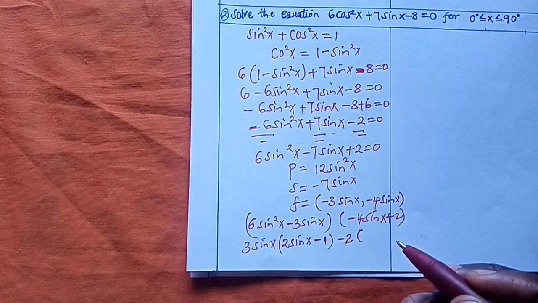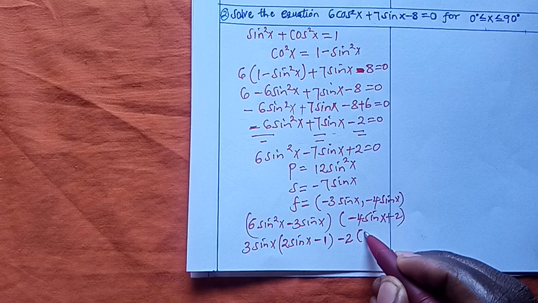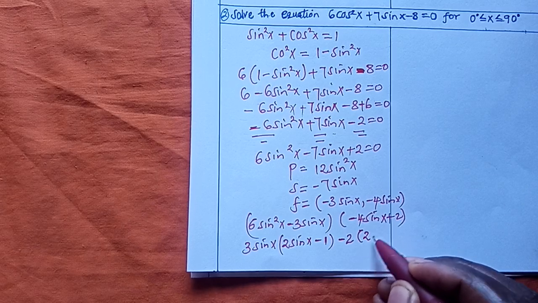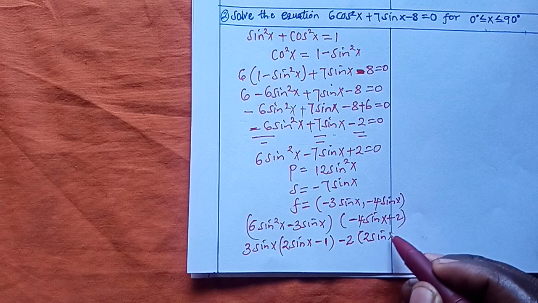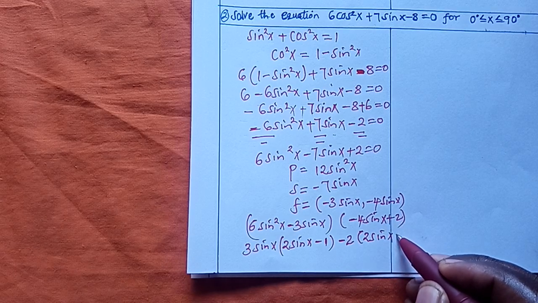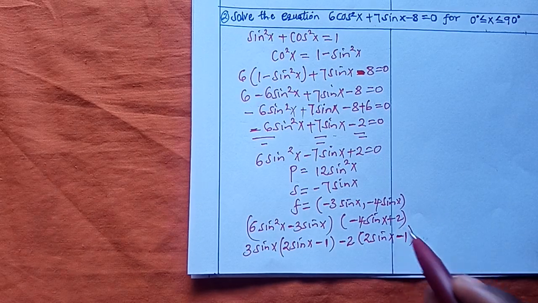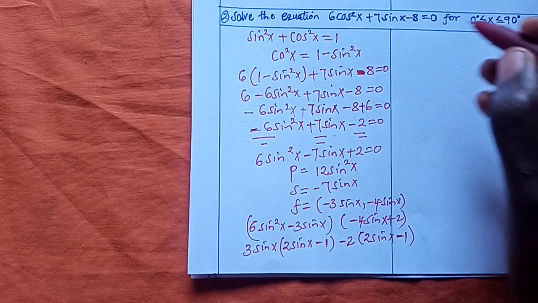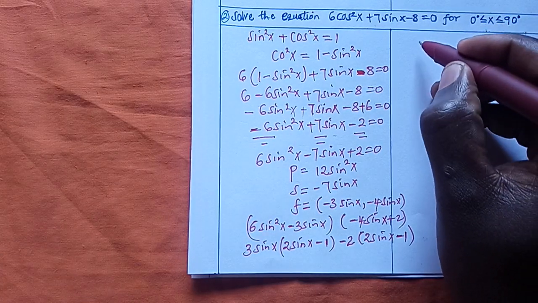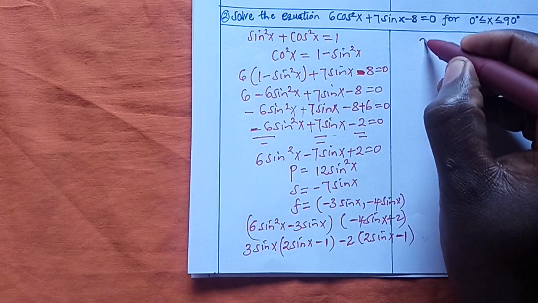If you multiply this negative 2 by 2 sine x, you are going to get negative 4 sine x. And if you multiply negative 2 by negative 1, you are going to get positive 2.